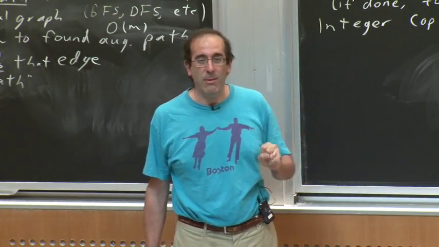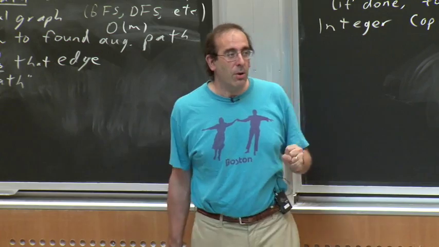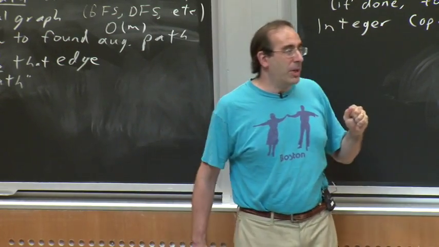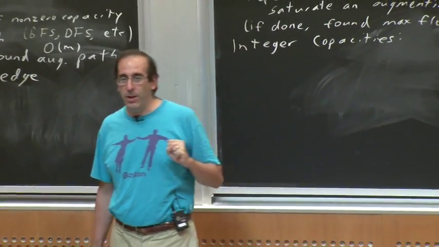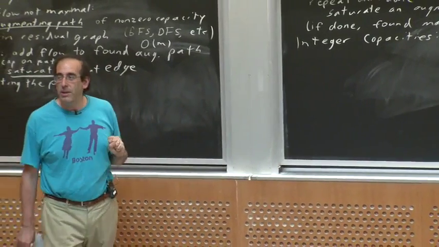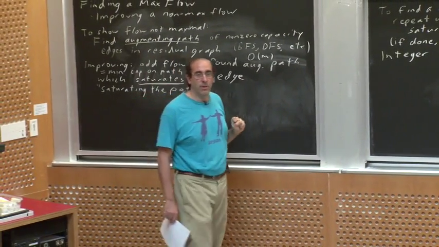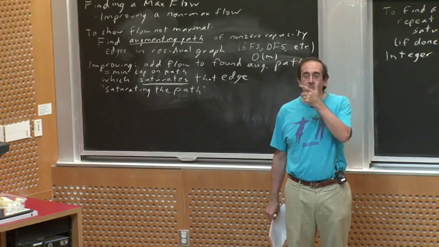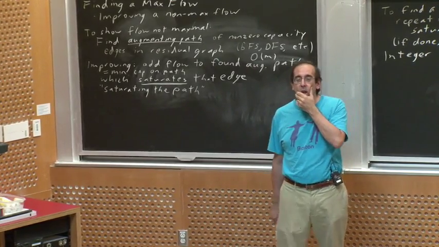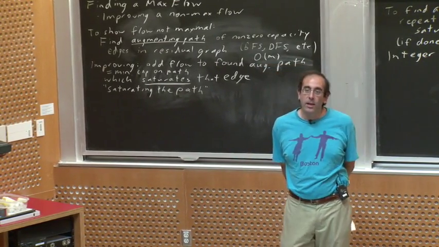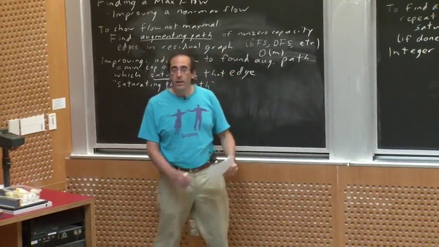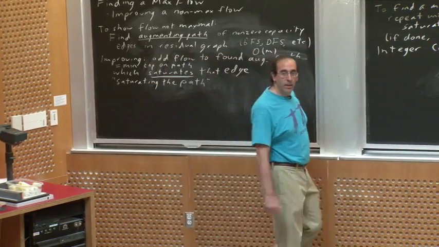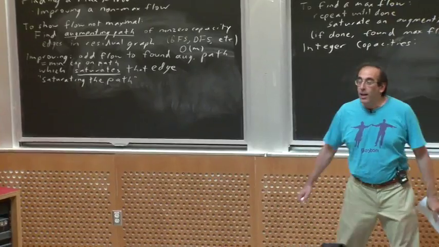I said the running time of this whole procedure. So this is hard to answer in the most general case, which is why I want to start by creeping up with integer capacities. So what can we say if we have an integer graph? Yes? Can you say that each path we augment, we only augment it once, so the number of paths?